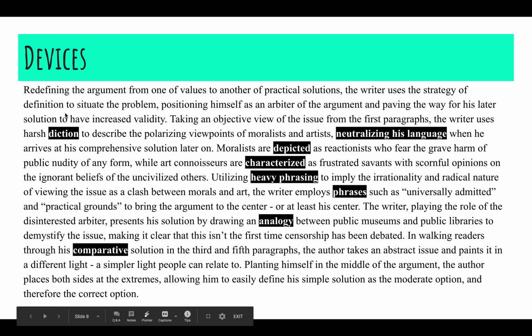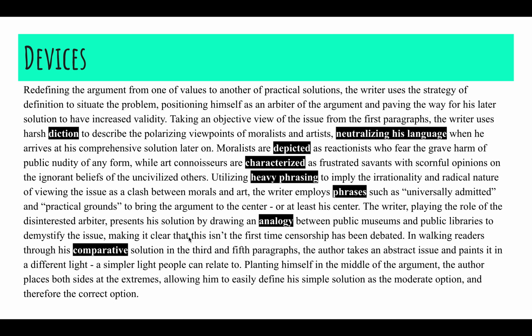Devices. Okay, so we're talking about devices. A good rhetorical analysis essay has a lot of devices, or rather, it is aware of the devices present in the text. Now, look at how many times this writer presents devices. She notices the diction, the neutralizing of language, talking about how they are depicted, in which case would be like characterization and then characterize.